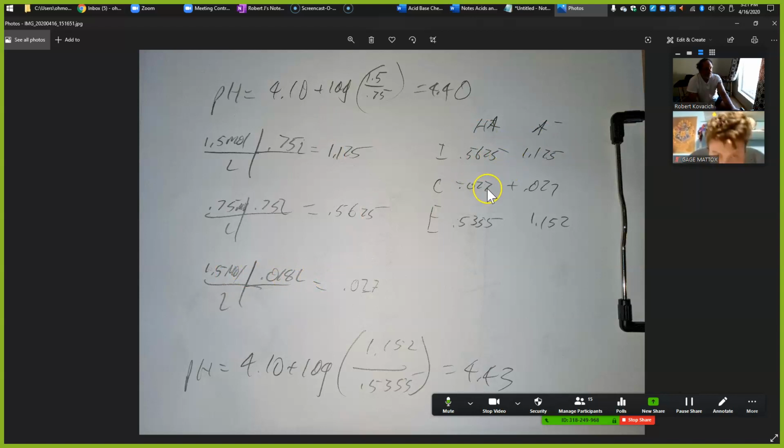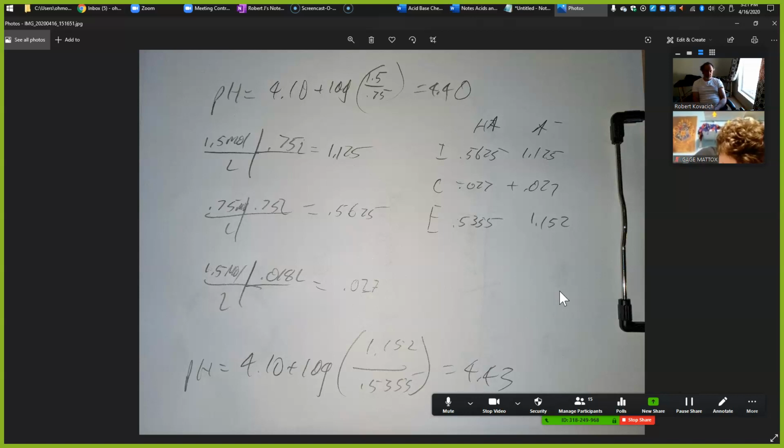I subtracted it from the acid because potassium hydroxide is a base, so we would lose acid, and then we'd end up with this much left over, and then we'd increase the amount of salt because we reacted some of the acid, and then I plugged those numbers in down here, and so my change was 0.03.